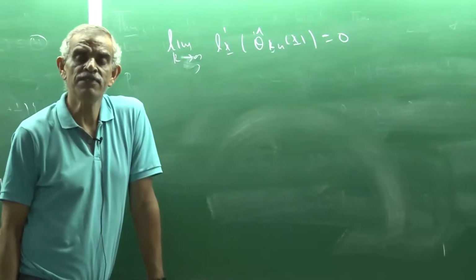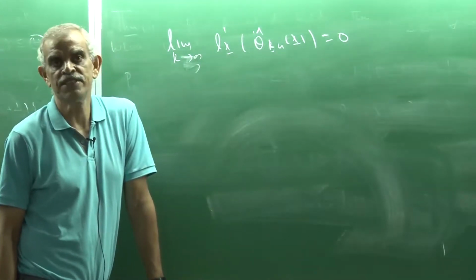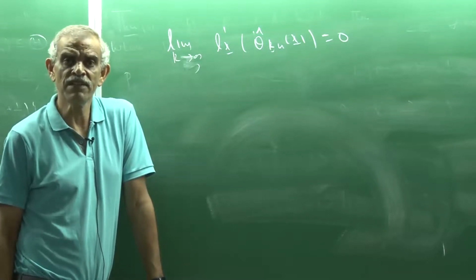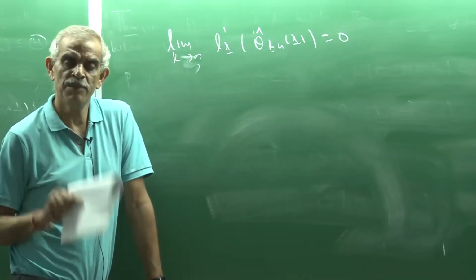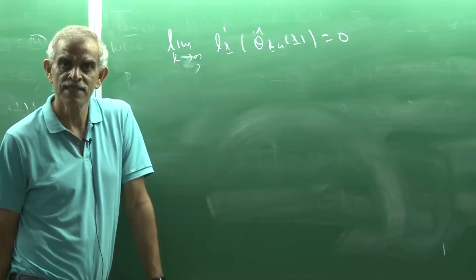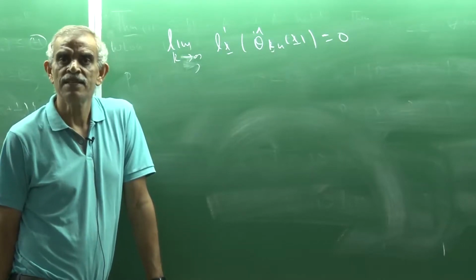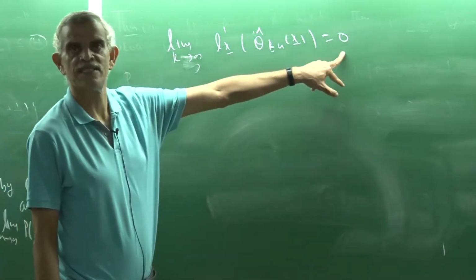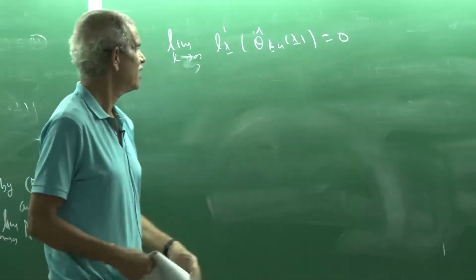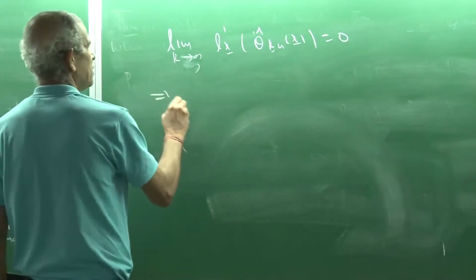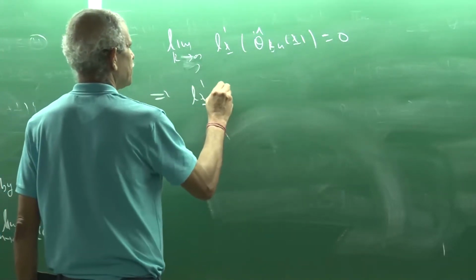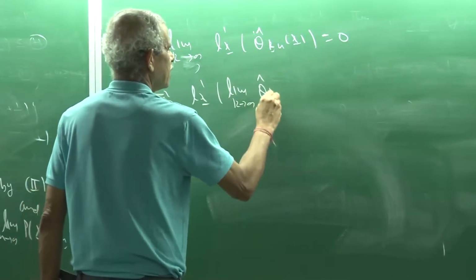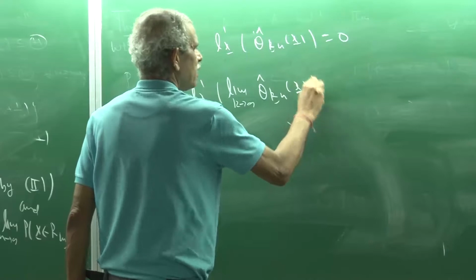A derivative cannot have a discontinuity of the second kind. Or in other words, if for a derivative the limit x going to p plus and limit x going to p minus exist, then the derivative will be continuous. Here I know that the limit exists and this is 0, so it has to be continuous. So this implies that Lx prime of limit k going to infinity of theta hat kn x is equal to 0.